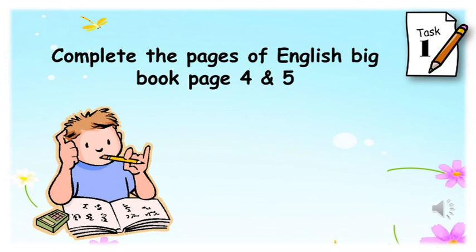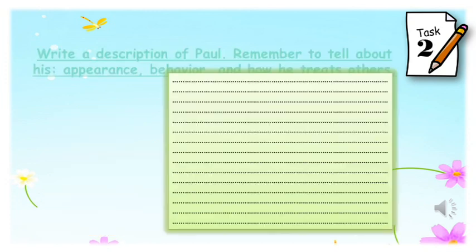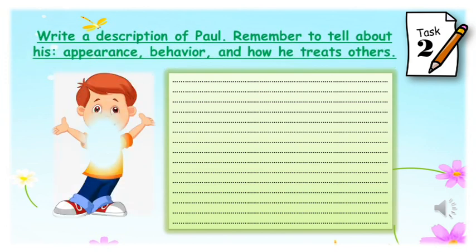Okay? And we will be moving on to our task 2. You have to write a description of how. Remember to tell about his appearance, behavior, and how he treats others. Okay?